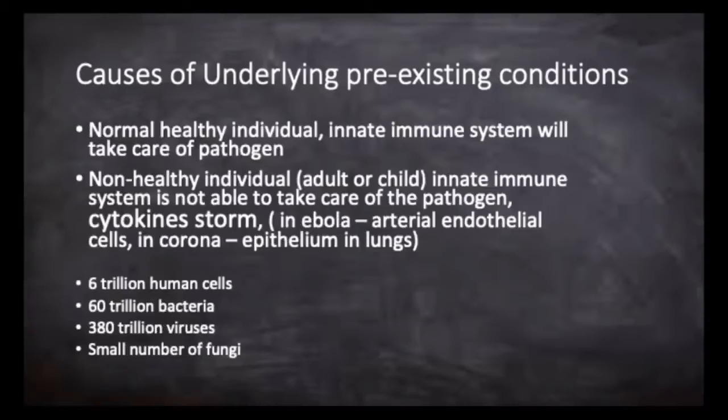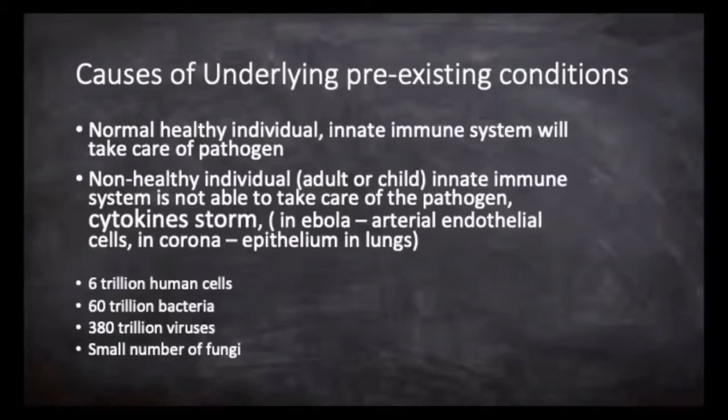So by way of example, in Ebola, the cytokines start because, by the way, just to give you a visual understanding, if you think about a virus, it has a layer on it. Outside of it is called glycoproteins. Inside of that is the RNA, which is the nucleic acids, which go into your cell and take over your cell machinery. But when that happens, the pieces of the outside, the glycoproteins, are like shedding hair.